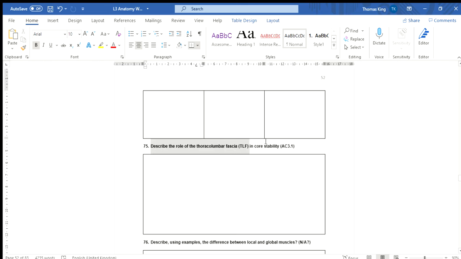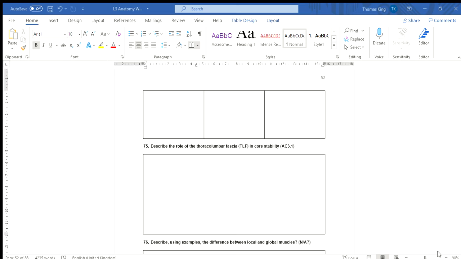Describe the role of the thoracolumbar fascia in core stability. So if we go into your workbook 1B, we're going to find, if I can find it in the workbook to show you where it is, guys.